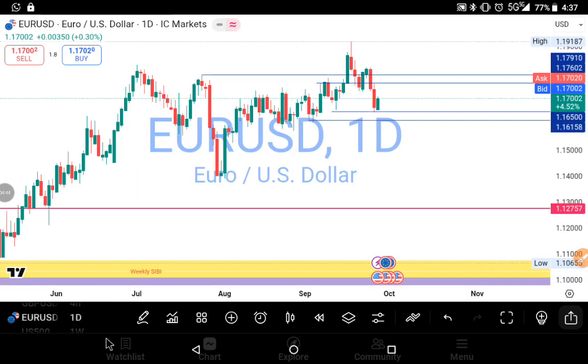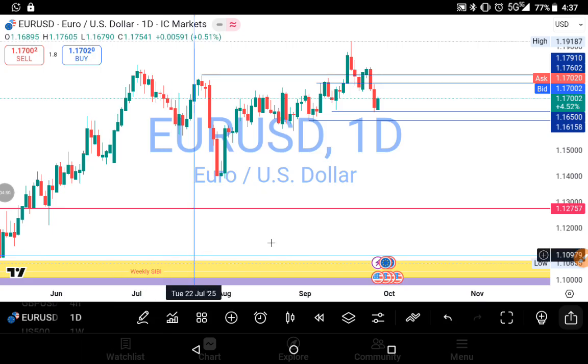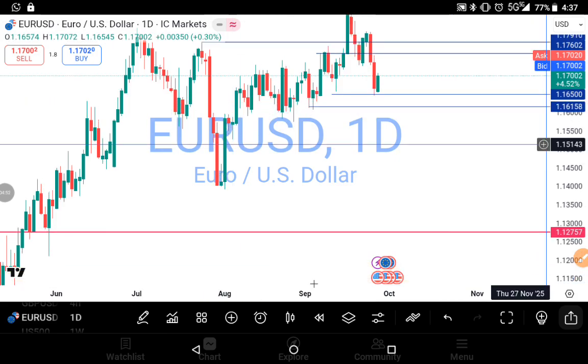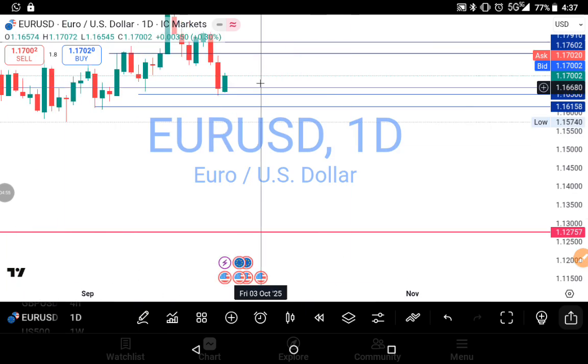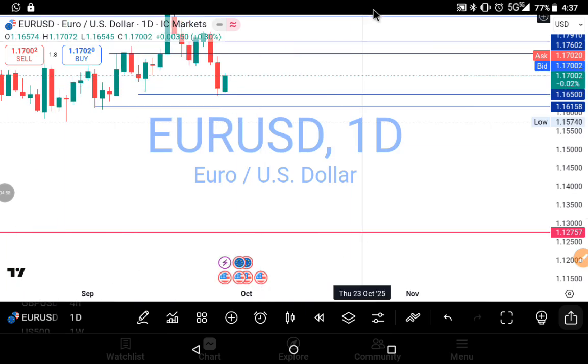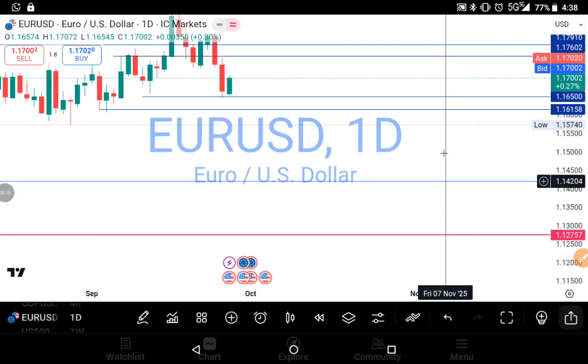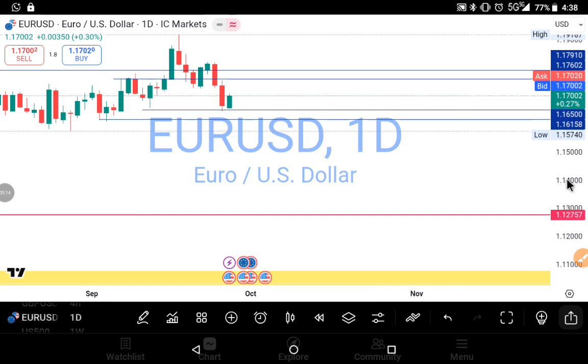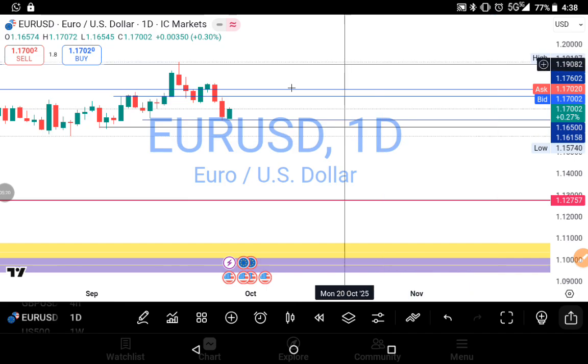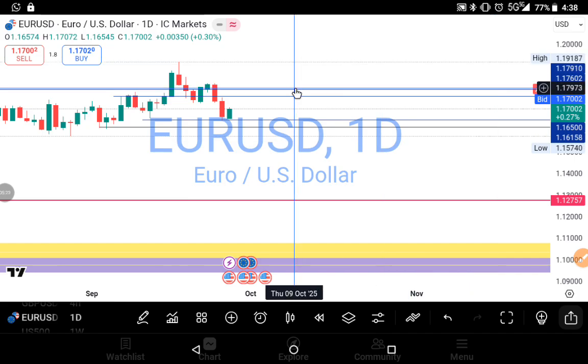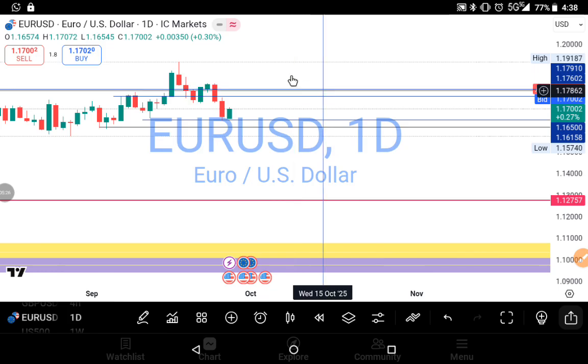Euro USD last week, I was interested in 1.18500 serving as a resistance to the current price that will take us into 1.17 thousand, 1.1658 or thereabouts. So 1.17500, and 1.18500 to serve as a resistance.